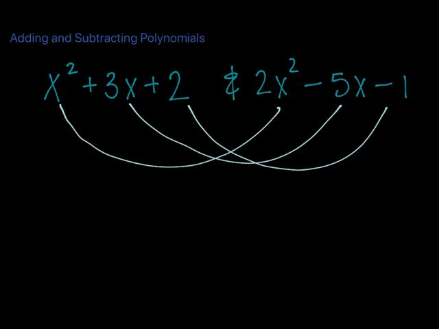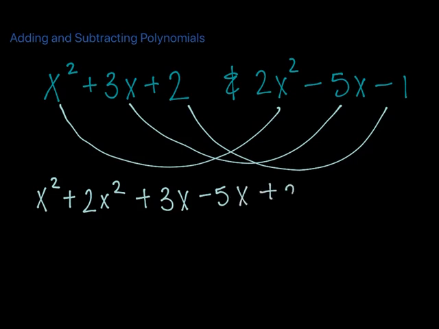So we can write this as x squared plus 2x squared plus 3x minus 5x plus 2 minus 1. Now add. X squared plus 2x squared is 3x squared. 3x minus 5x is negative 2x, because 3 minus 5.